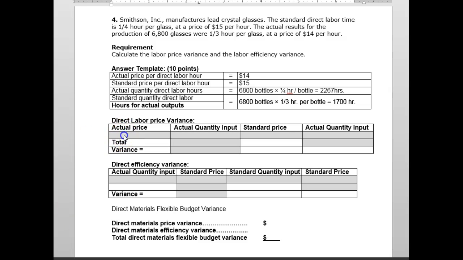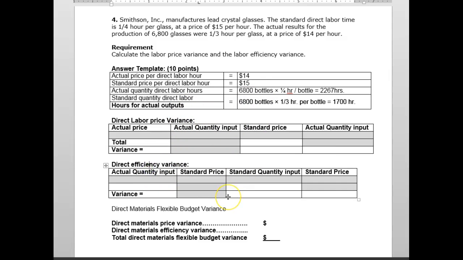This one, we're looking at the actual price of 14 and the standard price of 15. So you're thinking, well, we should have paid 15 and we got 14, so we probably came out ahead. But we don't know. So now you've got to look at both ways.